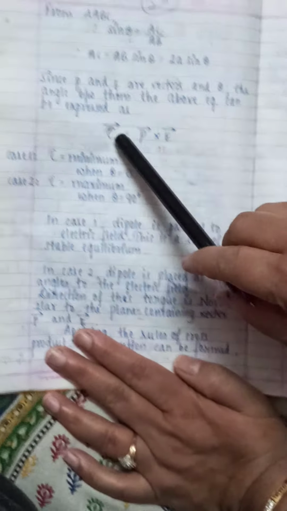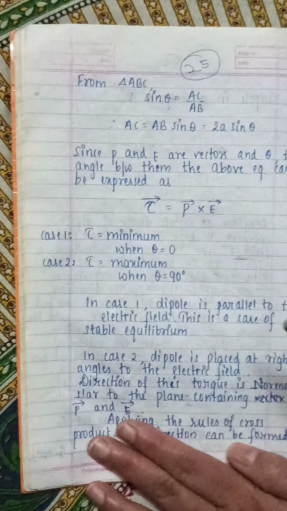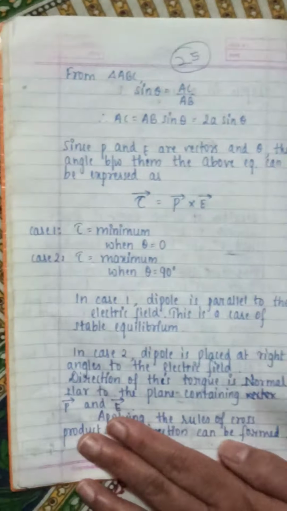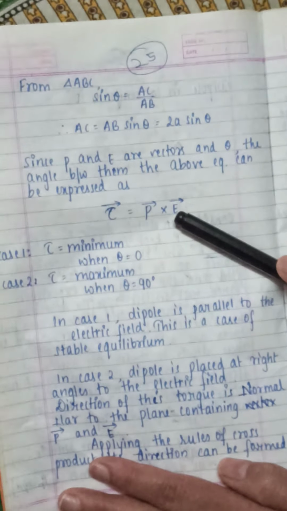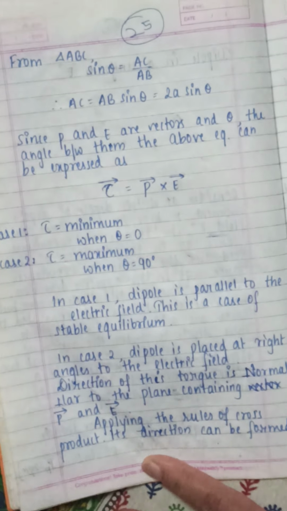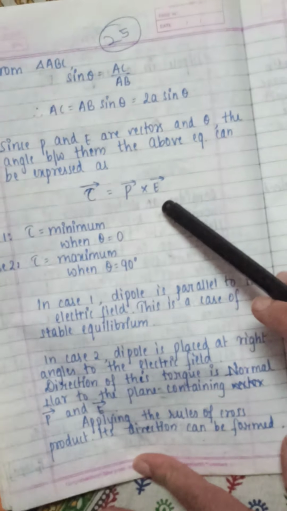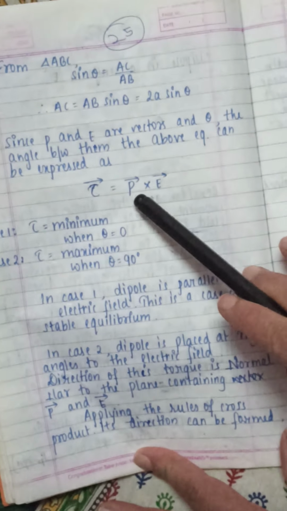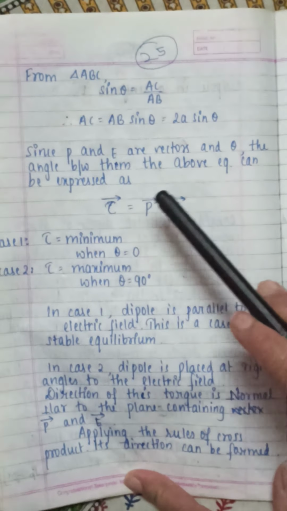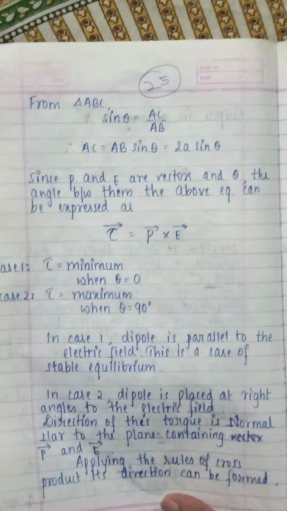Now the torque becomes pE sin theta, and that is p cross E, because p and E are both vectors. We have already learned the cross product.